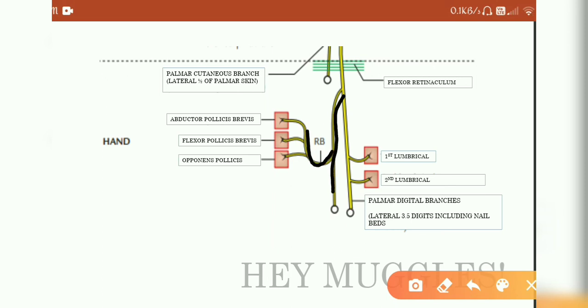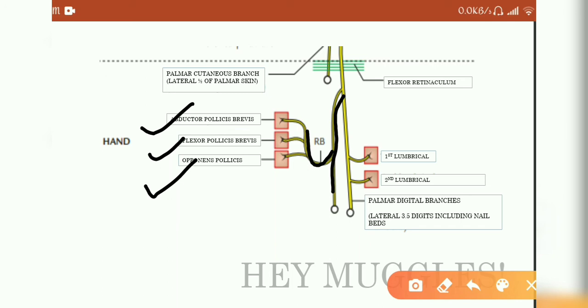The recurrent branch supplies the thenar muscles, that is your abductor pollicis brevis, flexor pollicis brevis, opponens pollicis, except flexor pollicis brevis, right?